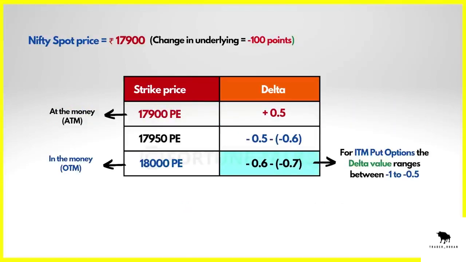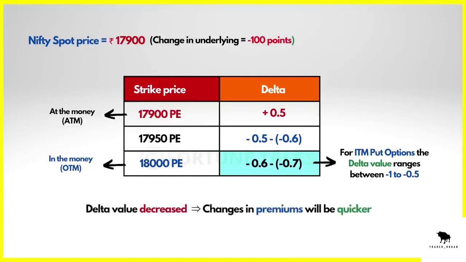Now on the contrary, if the spot price were to fall 100 points to 17,900, then the 18,000 put option strike, which was at the money before, will now become an in-the-money strike. So naturally, the delta value will increase from minus 0.5 and it will range between minus 0.6 and minus 0.7, which in turn implies that the option premiums will now move faster than before.